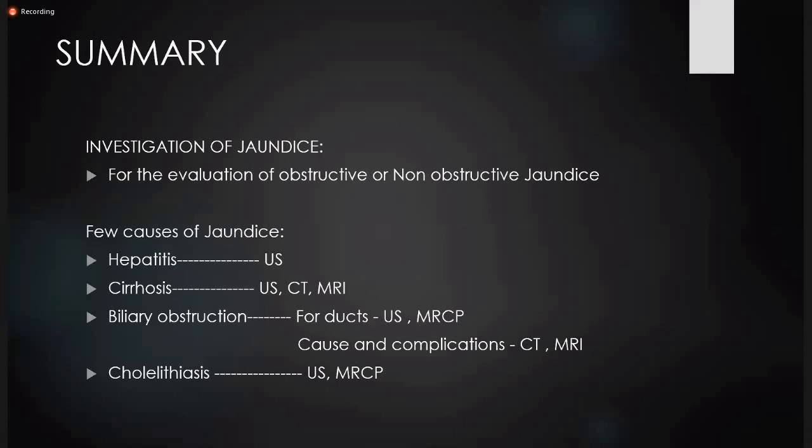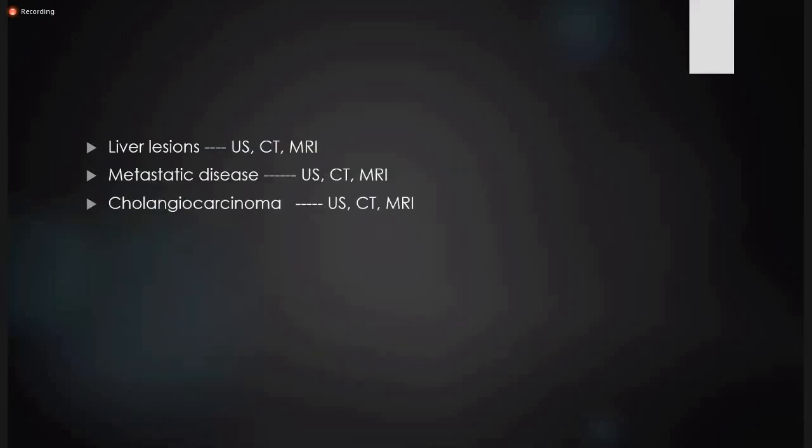Cholelithiasis, stones in the gallbladder, ultrasound is the best modality, and for further evaluation, MRCP can be performed. Liver lesions or metastatic disease or cholangiocarcinoma, any kind of neoplasm or cancerous disease related to the hepatobiliary system, you will have to go for ultrasound first, then CT and MRI for further characterization.